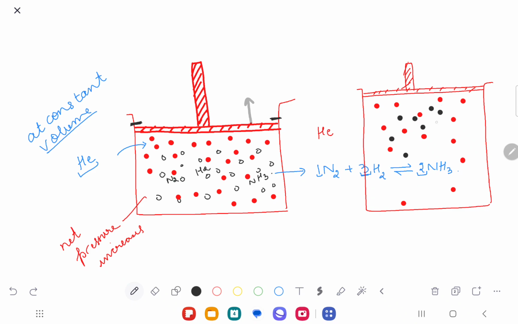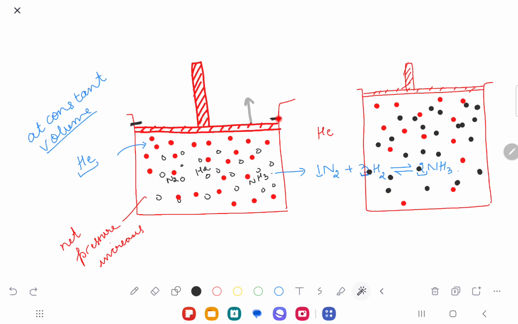These black molecules were the original molecules in the beaker: some molecules of hydrogen, some of nitrogen, and some of ammonia. And the red dots are helium that we have added from outside. So the pressure inside would increase, and that pressure will push the piston upwards.